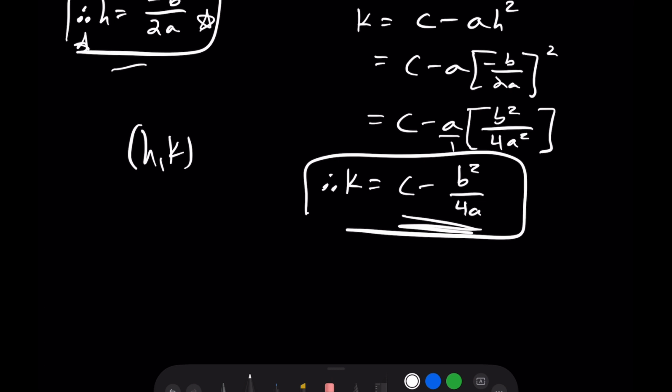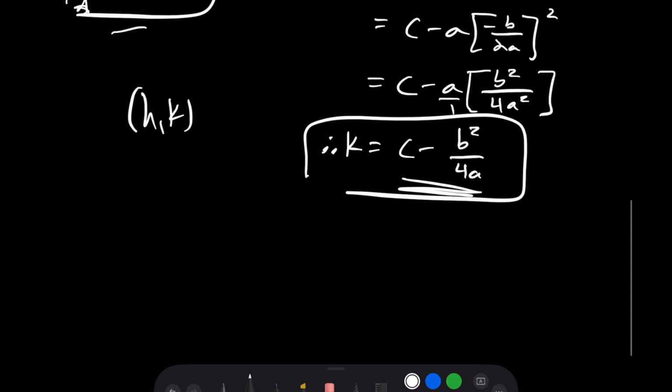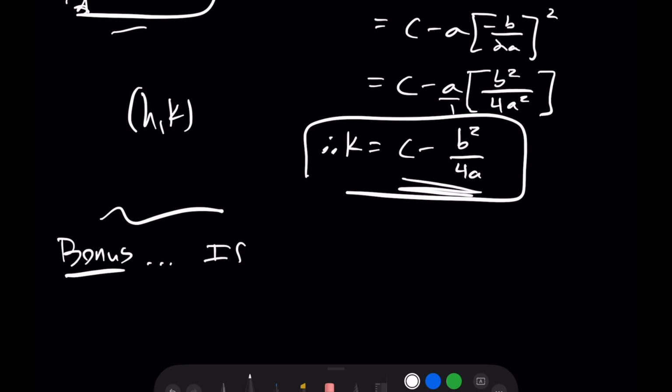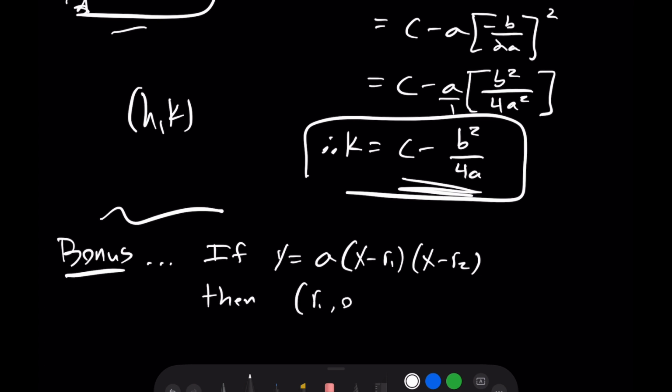There's other things to note here. And I'm going to note this very quickly because I think this is worthy of another video. So let's just do a bonus here. If we think about if y is equal to a times the quantity x minus r sub 1 times the quantity x minus r sub 2, then r sub 1, comma 0 and r sub 2, comma 0 are x-intercepts, right?